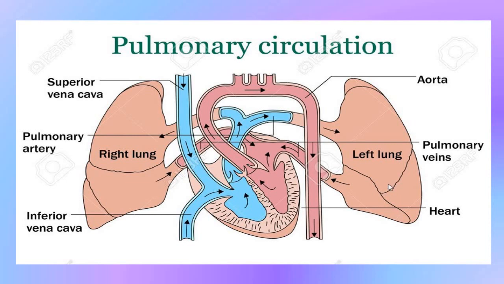When the left atrium is filled with this oxygenated blood, it contracts and the oxygenated blood is pumped into the left ventricle, and when this left ventricle contracts, this oxygenated blood is pumped through the aorta to all parts of the body.